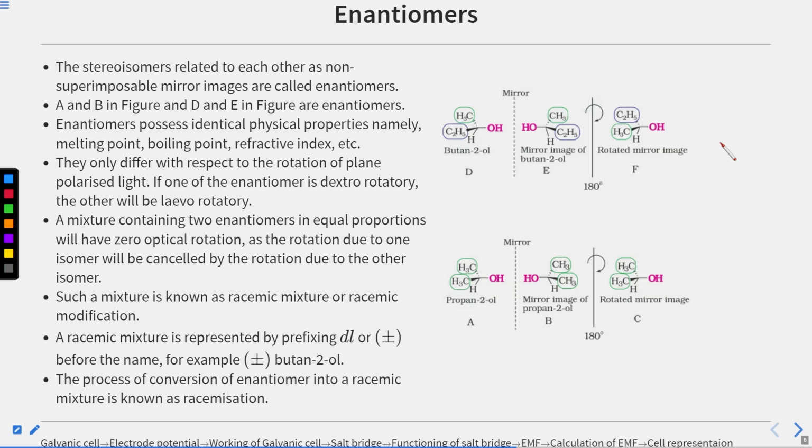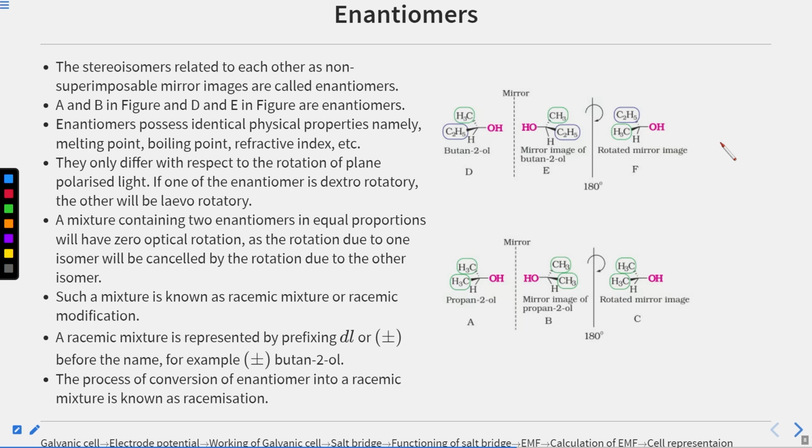Now what do you do? You take the mirror image, a compound such that its structure is a mirror image of the previous one. Now you pass the plane polarized light, and you will see that the light is now rotated right, or you can say clockwise. So if such mirror image compounds are available and they rotate the light in opposite directions by the same degree, then they are termed enantiomers.